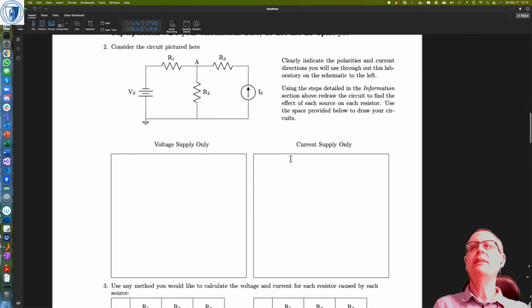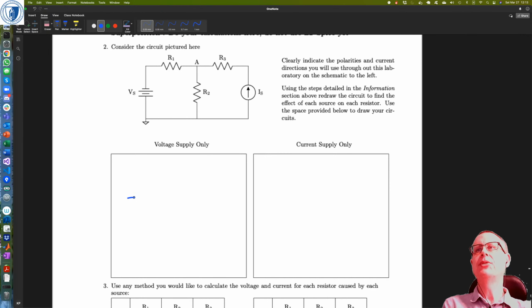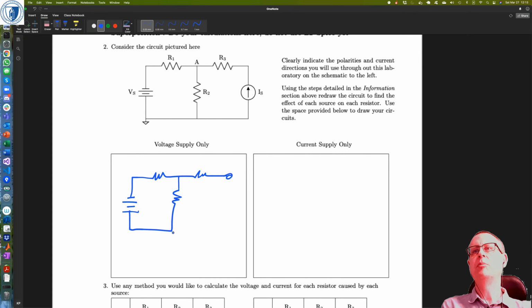So the first one is to just redraw the circuit with each of the independent supplies replaced in turn.